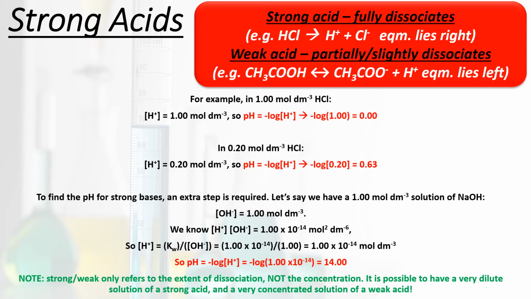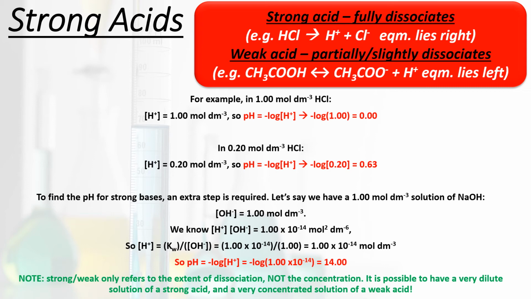But if we have strong acids, we can work out the pH of a strong acid very, very easily, just using the pH formula. So for example, if I have 1 mole per decimeter cubed HCl, because our acid fully dissociates, when we say 1 mole per decimeter cubed HCl, we can take that to mean that the concentration of H plus is also 1 mole per decimeter cubed.